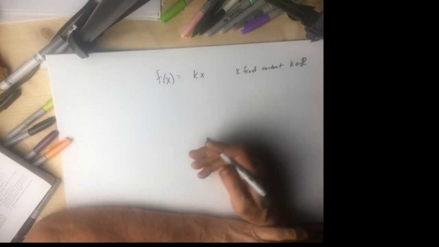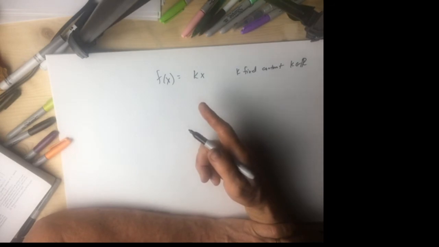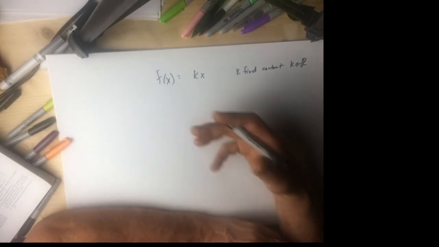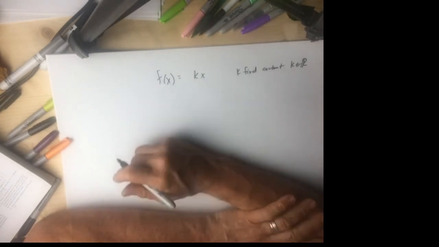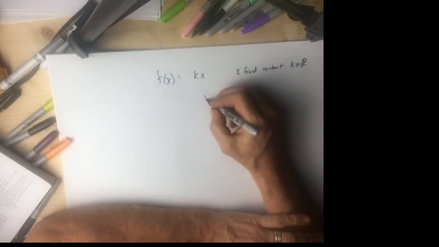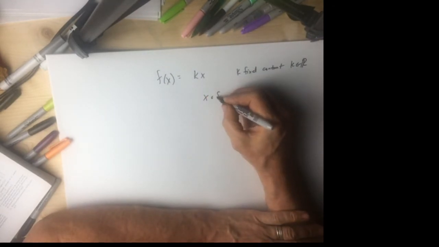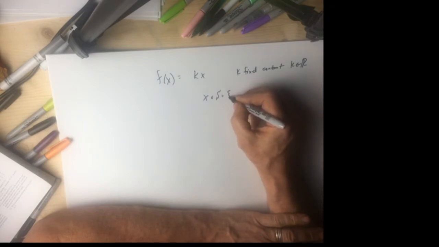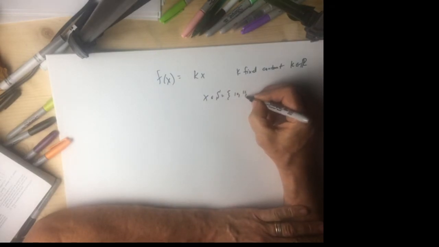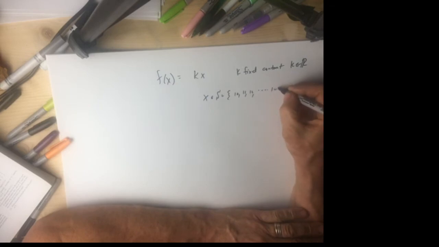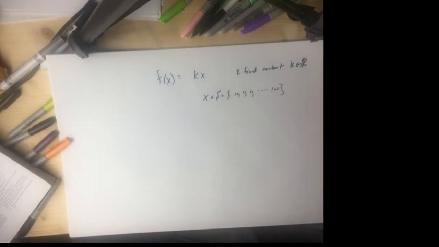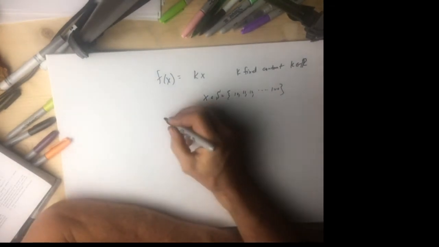Well, that's really hard. There's not enough information. I need to know what the domain, the support of my function is so I can actually draw it. So, suppose I tell you that x is from a set that is 10, 11, 12, and goes up to 100. Well, let's write this out.